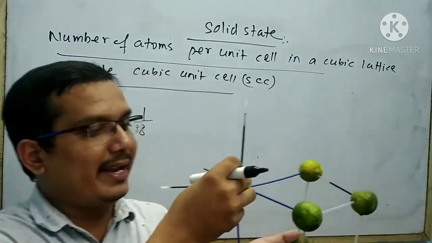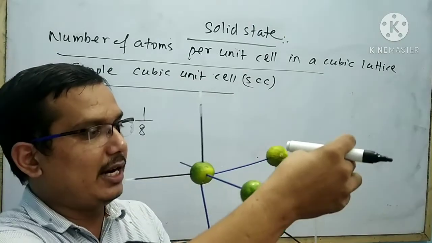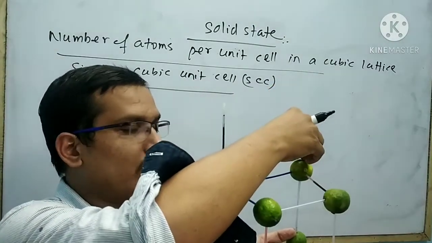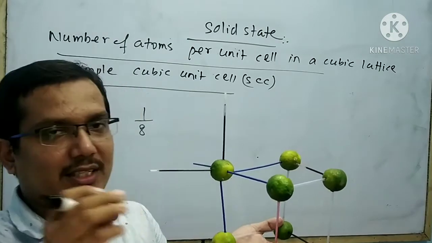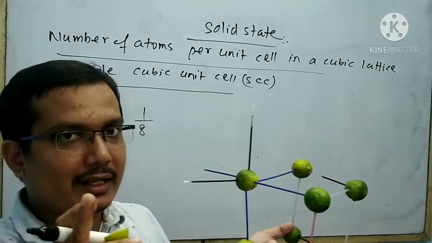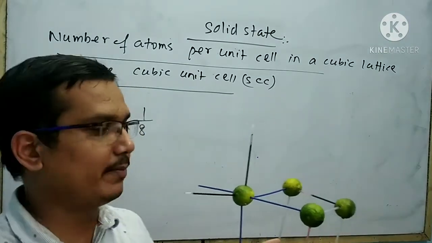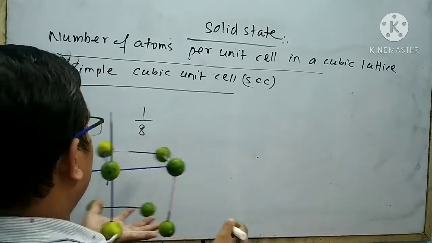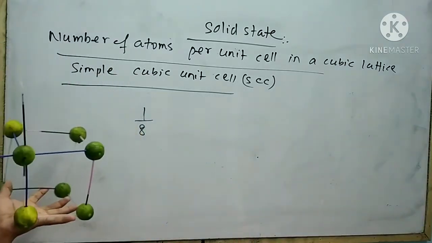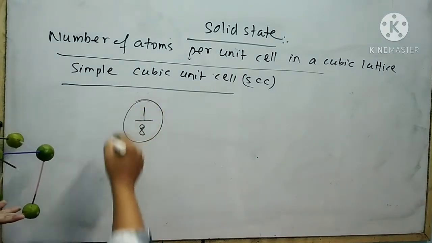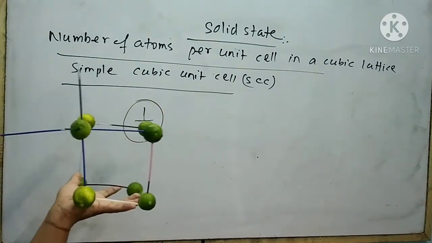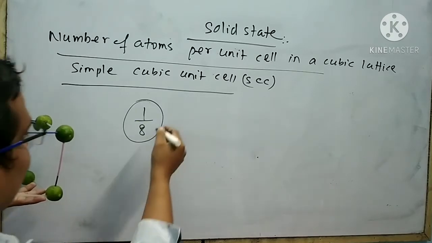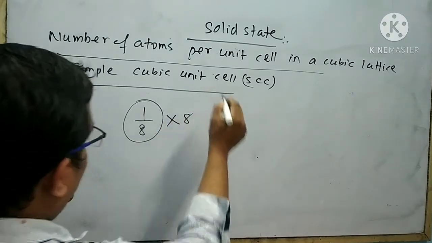Here 1 by 8 part, here also 1 by 8 part, here also 1 by 8 part, here also 1 by 8 part. That means we can take eight 1 by 8 parts for the formation of this cubic unit cell. For one constituent particle we take 1 by 8 part. There are 8 constituent particles present, so we multiply by 8.